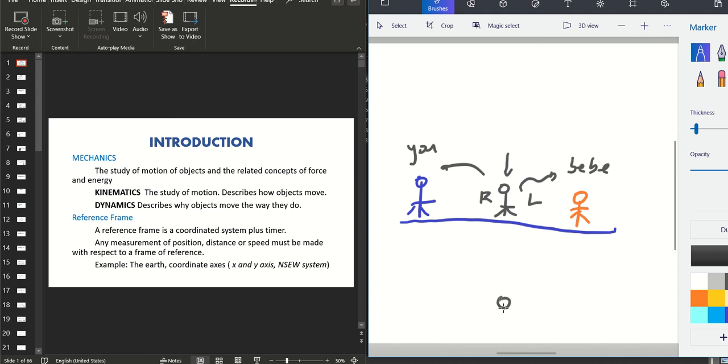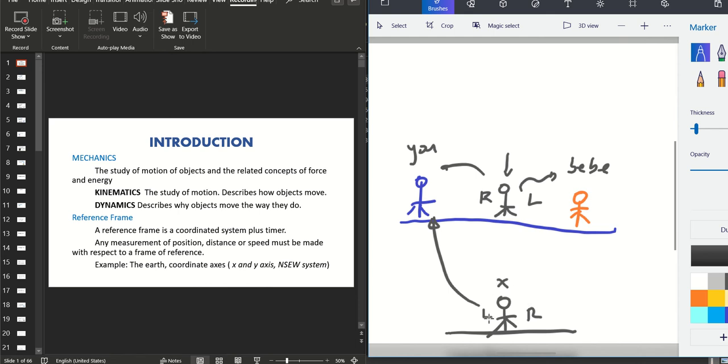But if you are here watching them, this means that this is your left and this is your right, and you is to the left of, I don't know, and for example, who is this?